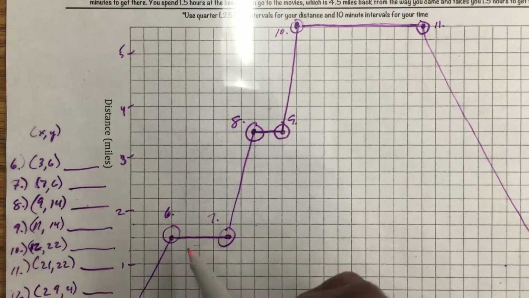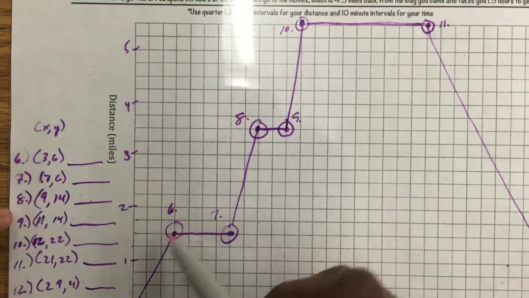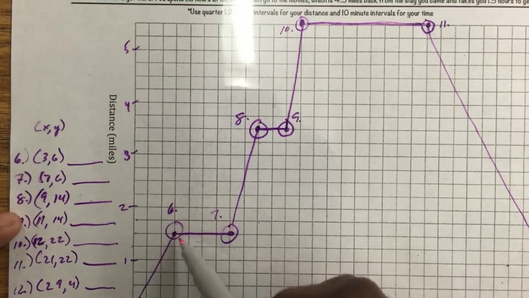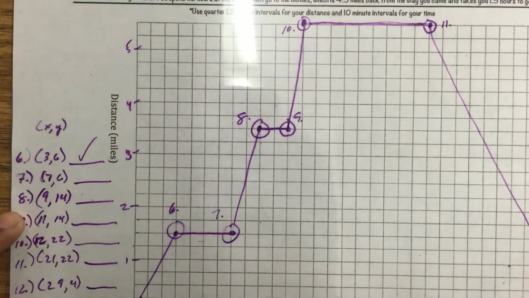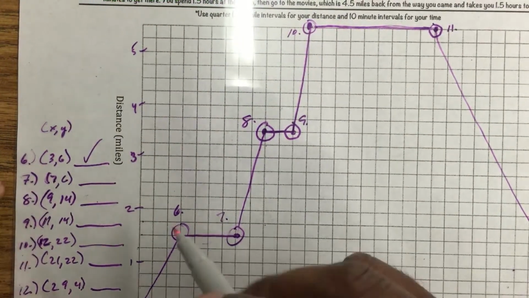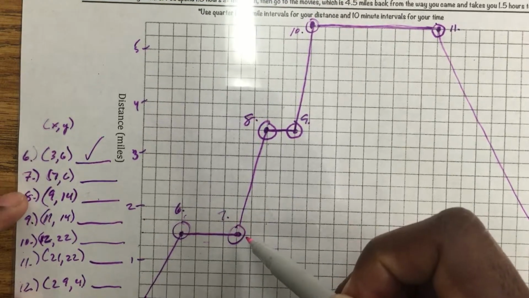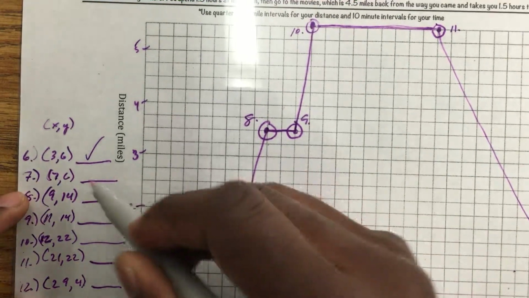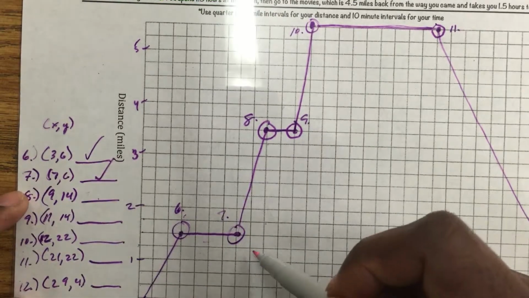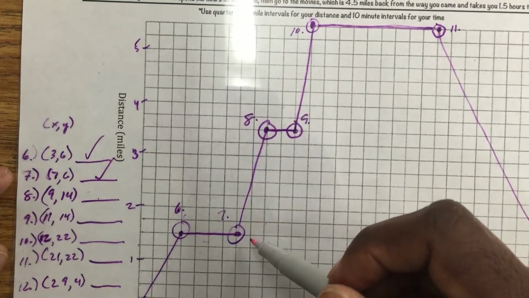Now, you find the circle that you drew for number 6. If they have a dot inside that circle, give them the check for number 6. Okay, if they don't, then don't. Number 7, the circle that you drew. If there's a dot inside that circle, put a check right here. If there's not, don't put a check.